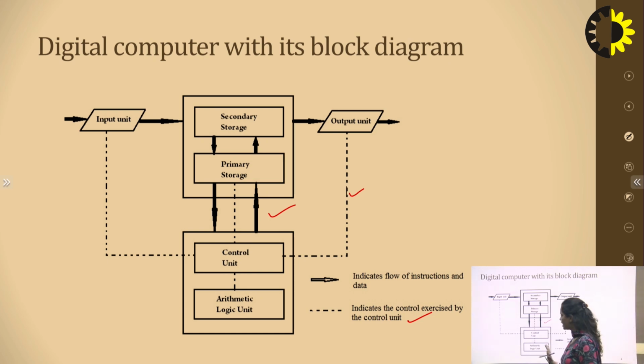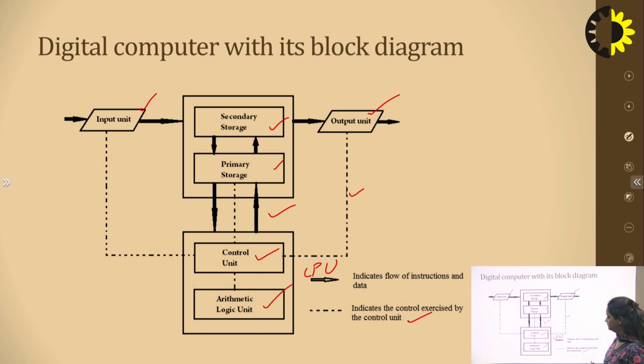We have 5 blocks in a digital computer: the input unit, the output unit, the memory, which is divided into 2 parts, secondary memory and primary memory, and then the CPU, the central processing unit, which has 2 divisions, the control unit and the arithmetic logical unit.